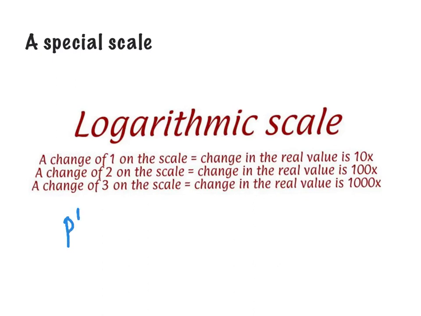So if we go from pH 1 to pH 2, it's a 10 times change. Different. We look and see 1 on the scale, but really we're talking in tens.